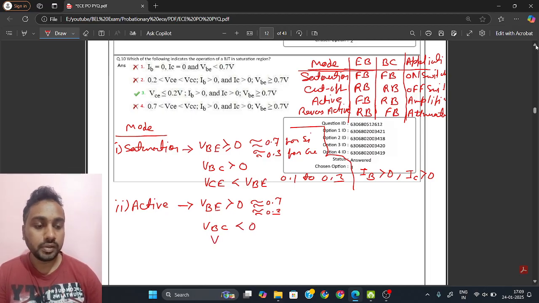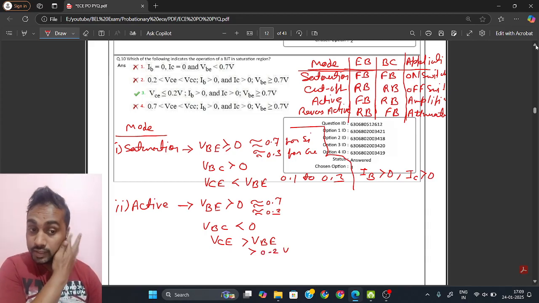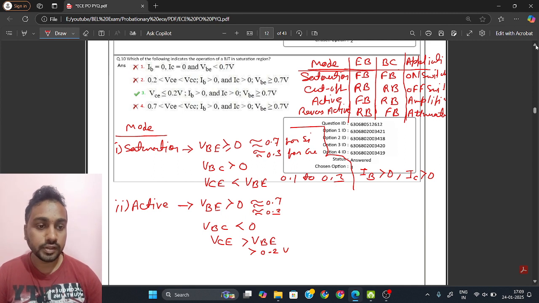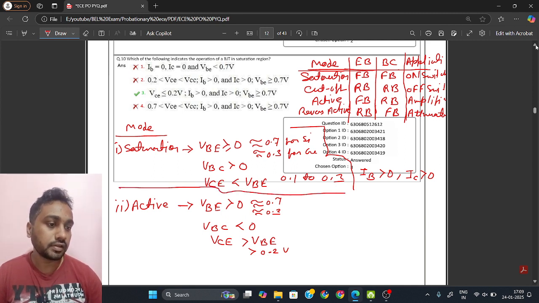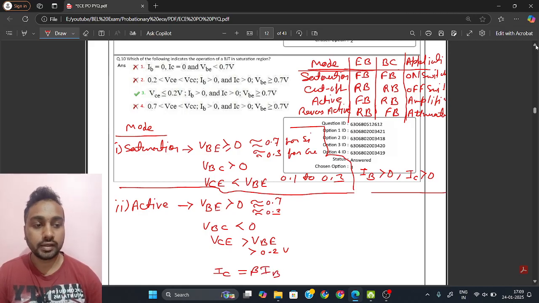And VCE is greater than VBE, or you can say greater than 0.2 volt. This is the condition for active region. In this case, IC should be equal to beta IB. This is for active. Now, if you talk about the third, that is your cutoff.